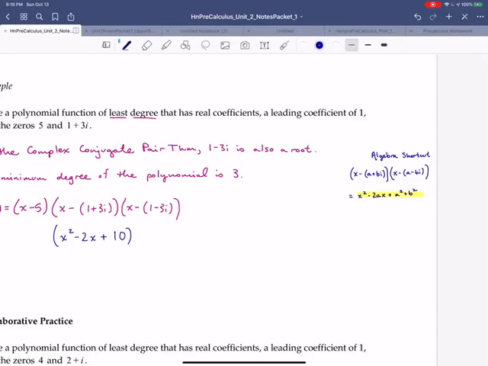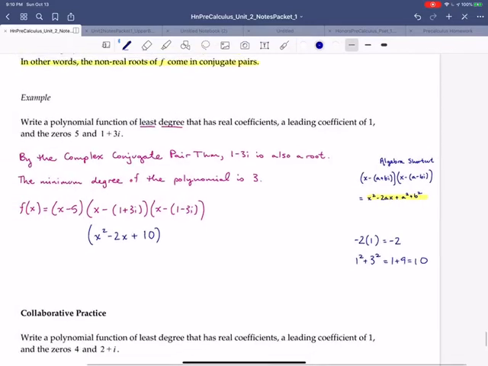So again, a squared plus b squared, that means we say 1 squared plus 3 squared, 1 plus 9 is 10. And it's negative 2 multiplied by 1. It's negative 2. That's the coefficient of the linear term.